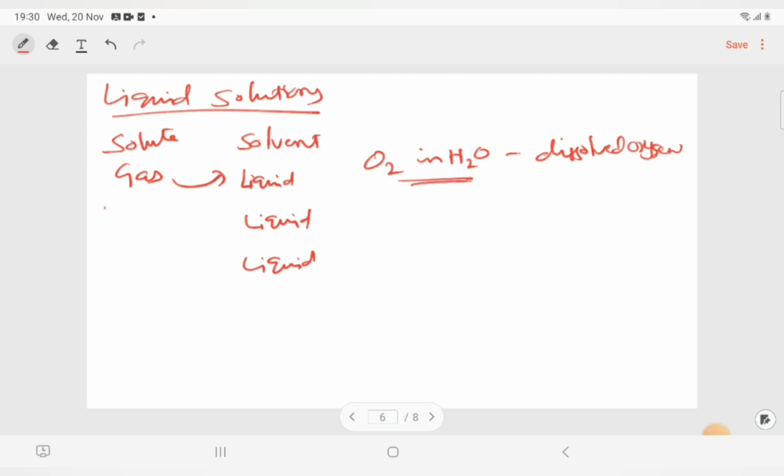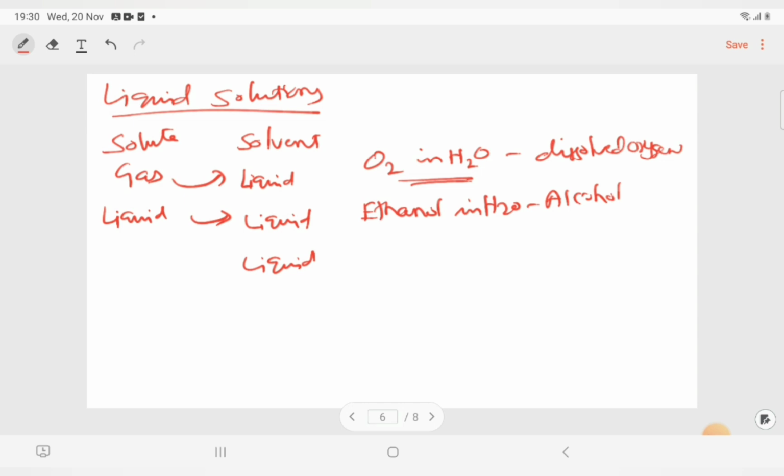And the other one is liquid in liquid. The best example is alcohol. Ethanol in water. We can simply say alcohol. Because 100% alcohol is used only in the standard laboratories.